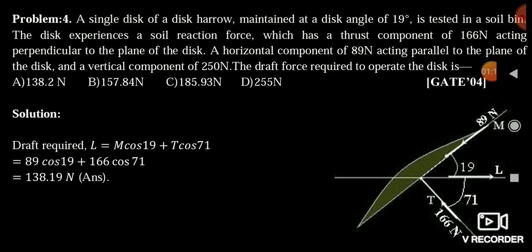That is our draft force. Means draft force is in fully horizontal direction. It doesn't have any effect with the vertical component of force. So friends, here it is given 250 Newton is the vertical component. This is totally given to confuse the students. Students can get confused and they can solve the question incorrectly. That's why they have given the vertical component of force is 250 Newton.